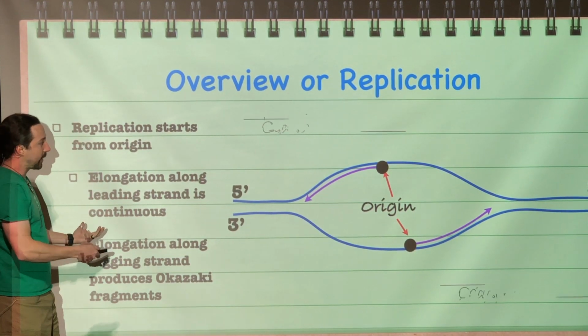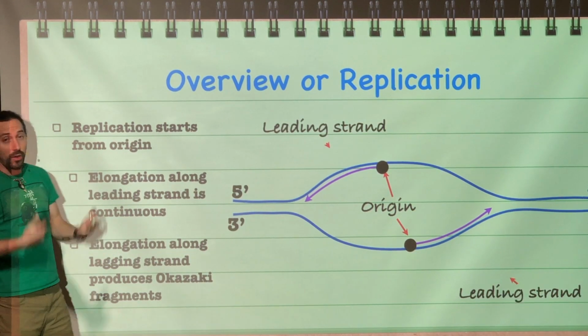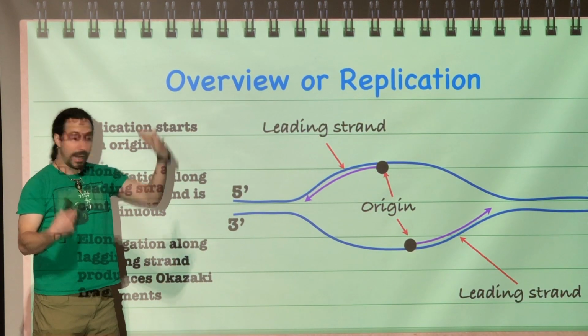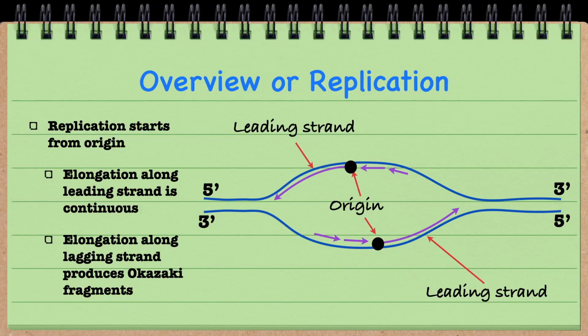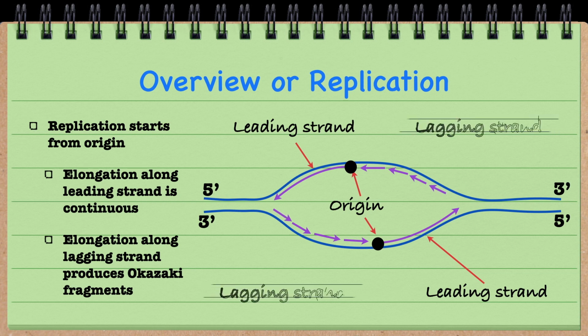And the lagging strand is also going to be on both sides because it has to be built in that 3' to 5' direction, and it will be built in segments, those Okazaki fragments. So that's how we have our lagging strands.